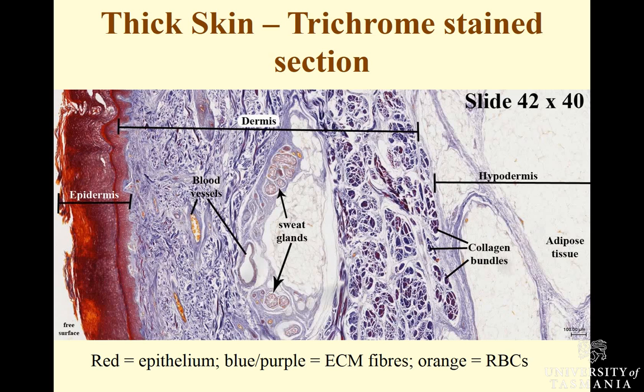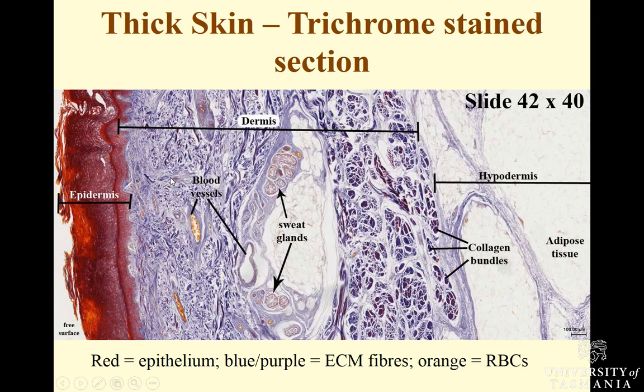So the epidermis is stained on the left hand side here, and then below that we have the dermis, and the dermis is stained lots of this purpley blue colour. So all of these are the extracellular matrix fibres, so collagen and elastin. So you can see big thick bundles running in many different directions in this area.